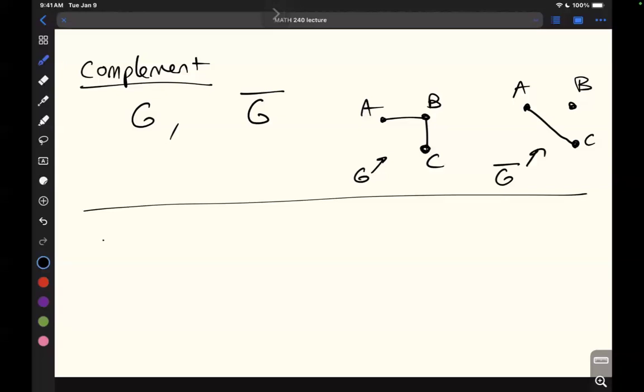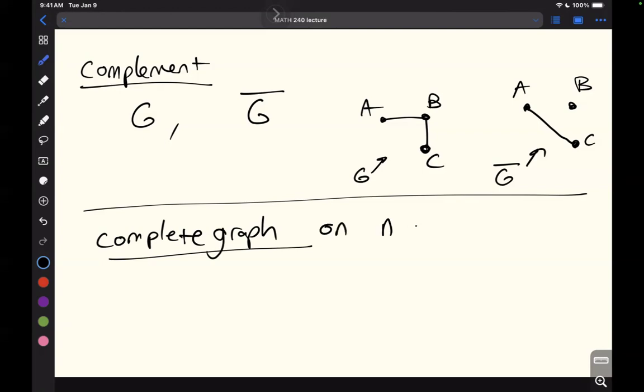Let's talk about a complete graph. The next few definitions assume we're talking about a complete graph on n vertices.